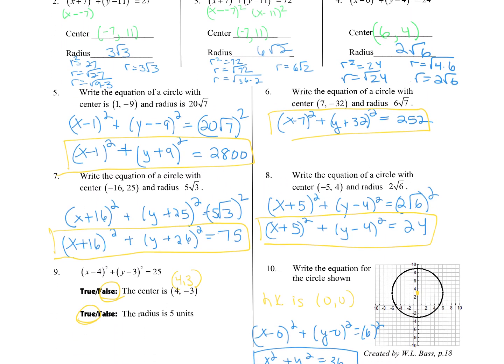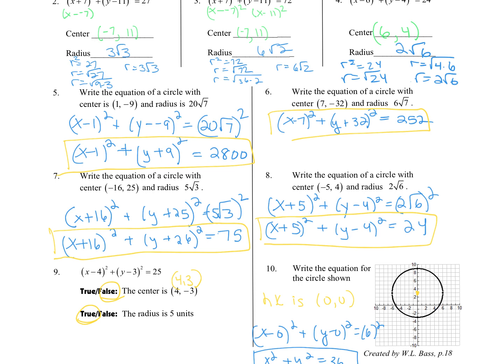All right, number 5 says write the equation of the circle where the center is 1, -9, and the radius is 20 times the square root of 7. So we're going to start with x minus the h value, which is 1, squared, plus parenthesis y minus the k value, which is a -9, squared.